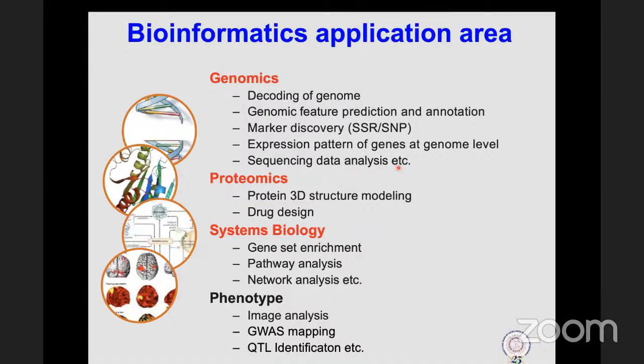In proteomics, bioinformatics is used for 3D structure modeling, which was widely used in this pandemic for designing and developing new drugs and vaccines. In systems biology, there is gene set enrichment, pathway and network analysis. This network analysis is widely used to study how a change in gene expression affects the whole system.